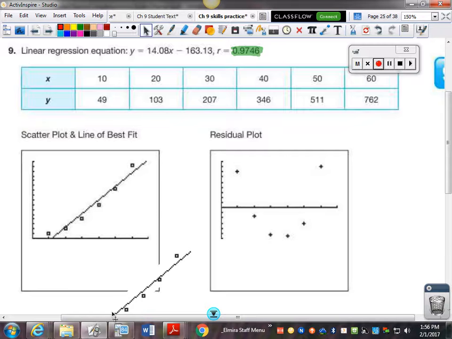I get a strong R value, but if I really look at the points, they look more curved to me. Why do I still get a strong R value? Because even though there's a slight curve to the data, each data point is still pretty close to the line of regression. So that's why it's making a very high R value. But if I look at this picture, I could say the data could be linear, but I might be starting to question whether it's linear or not, because I do see a slight curve to it.